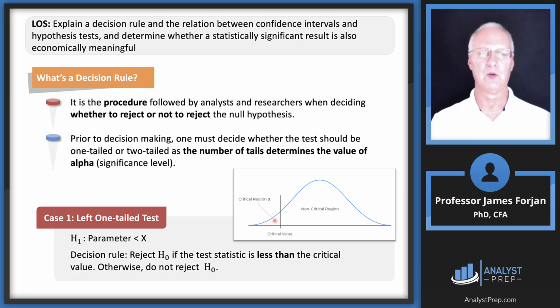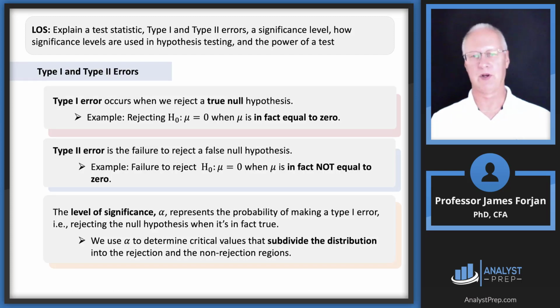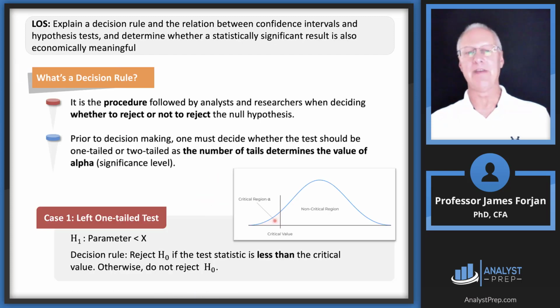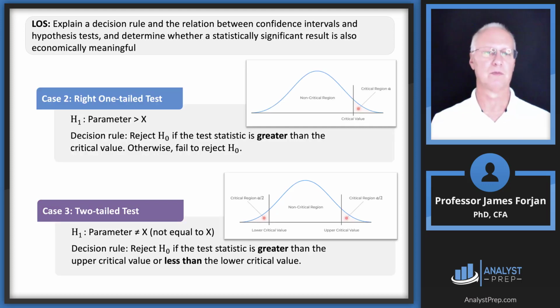So what we're going to do is calculate that test statistic like we did back here. Where am I? Right here. We'll calculate that test statistic, whatever that number turns out to be. And if it falls to the left, since this is a left one-tailed test, if it falls to the left of that critical value that we'll look up on the table, which we've done in previous recordings, by the way, then we go ahead and say that we want to reject the null hypothesis.